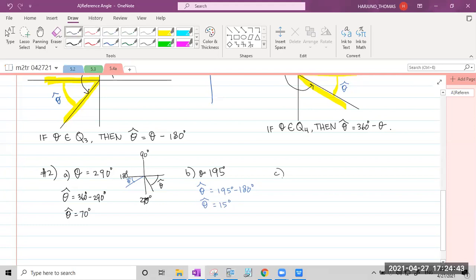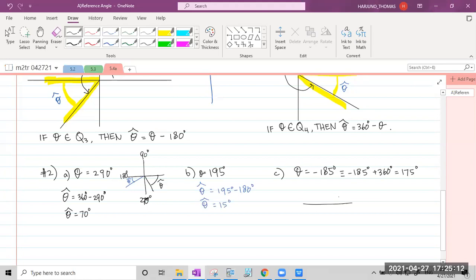Part C, theta equals negative 185 degrees. Now if you add 360 degrees, this is coterminal to 175 degrees.